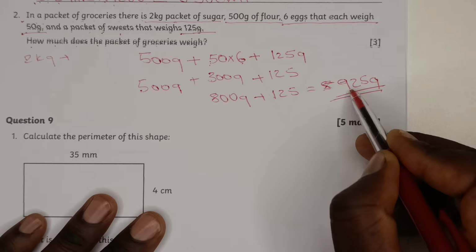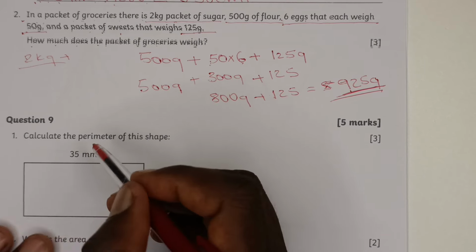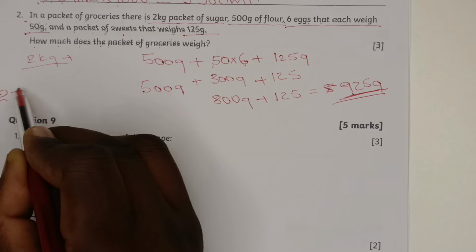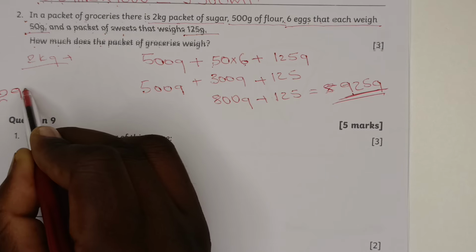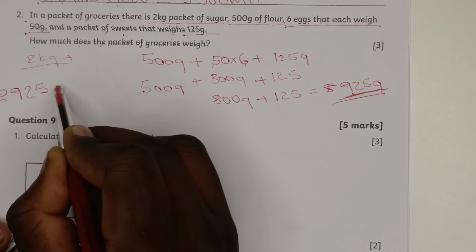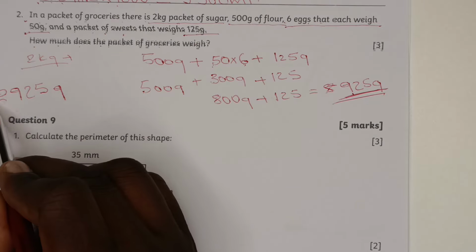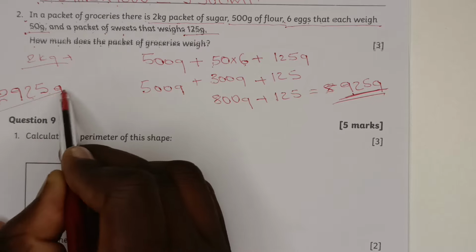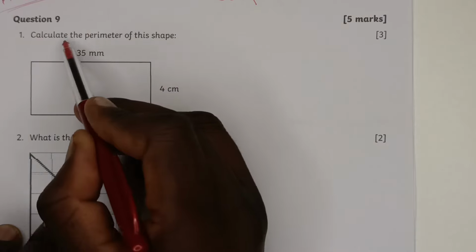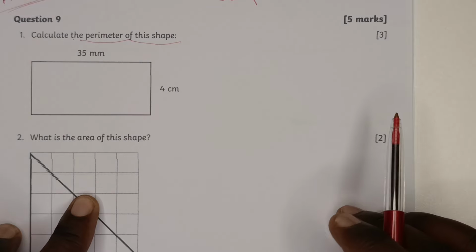Now come and add 925 grams to 2 kg, and we have got 2,925 grams. Question 9. Question 9 says calculate the perimeter of this shape.